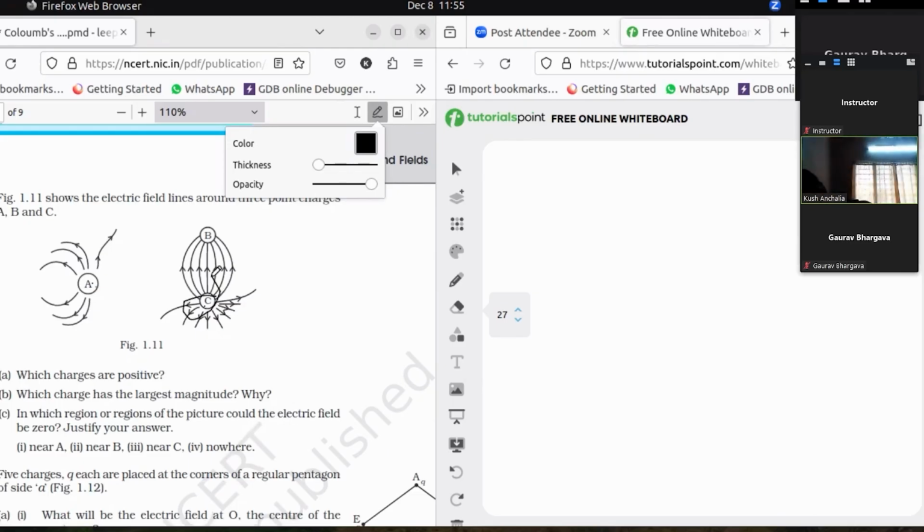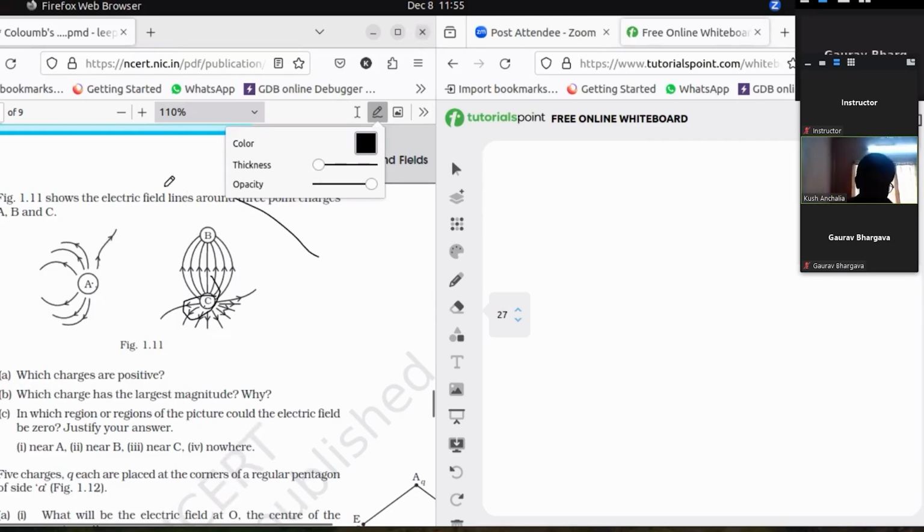In which regions of the picture could the electric field be 0? Net electric field can be 0. This is plus, this is minus. It is only about the 3 point charges. This is plus, this is plus, this is minus.